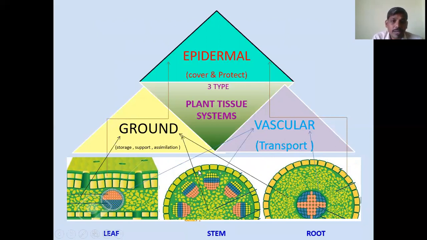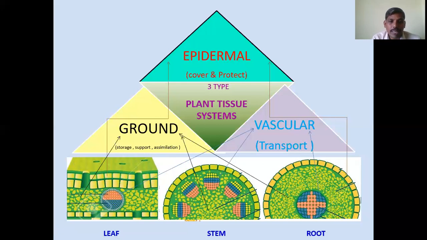In between the epidermal and the vascular tissue system, most of the area is occupied by the ground tissue system. This ground tissue system performs a storage function, gives mechanical support, and helps in the assimilation of food materials, sometimes the regeneration process also.